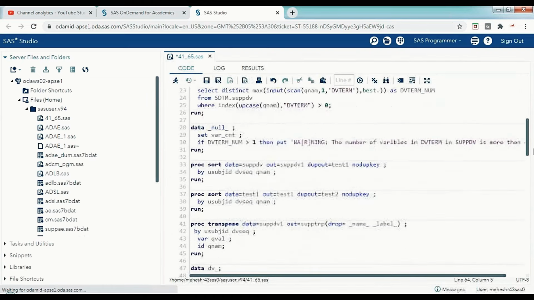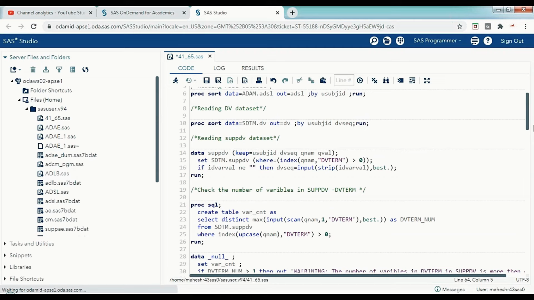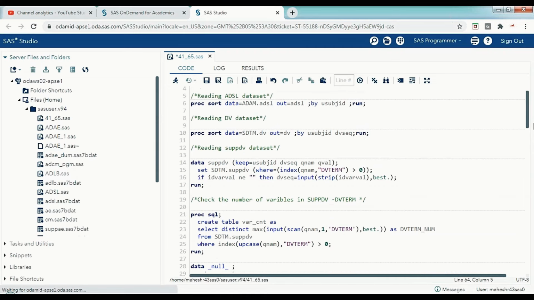Okay, so this SUBDV data set shouldn't have any duplicate records. We need to check this in case of deviations, because if a subject has multiple deviations, the sequence numbers must not have duplicates. If a subject has more than one deviation, within the sequence number we don't expect any duplicate deviations.